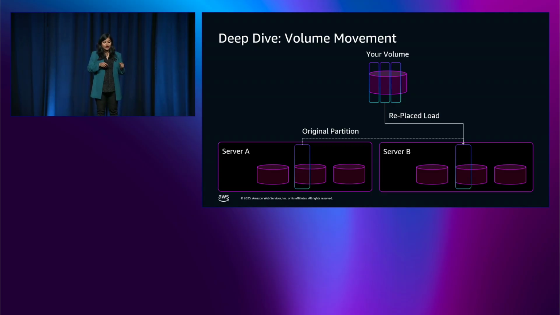And if not, then in that case, we replace your volume to the server, in this case, server B, so that you get the performance that you need, you're able to get the size that you need. And this is pretty seamless, by the way, from customer point of view. I'm just sharing so that you understand what happens behind the scene.